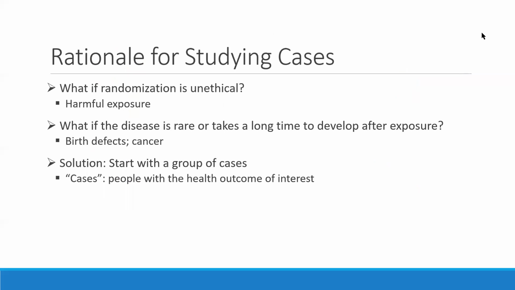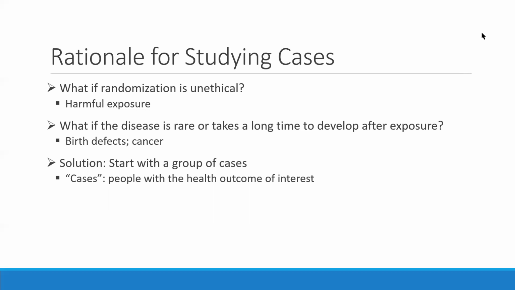We do this for several reasons. You will hear many times that randomized controlled trials are the gold standard of research. But there are many cases where you cannot do randomized controlled trials because the exposure already happened, or because it's not ethical to randomize.